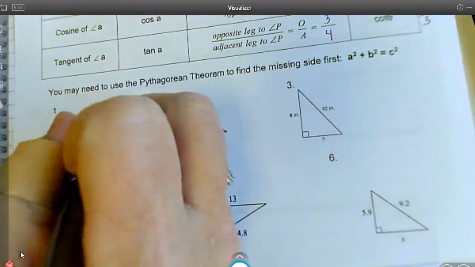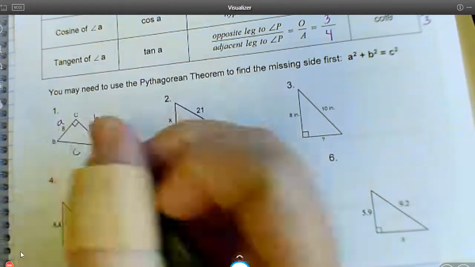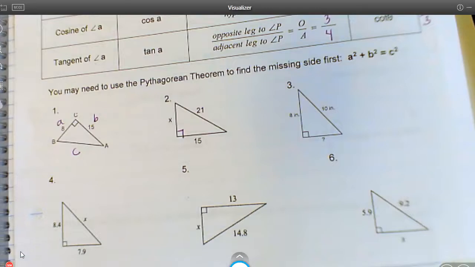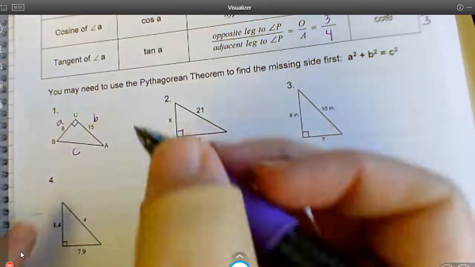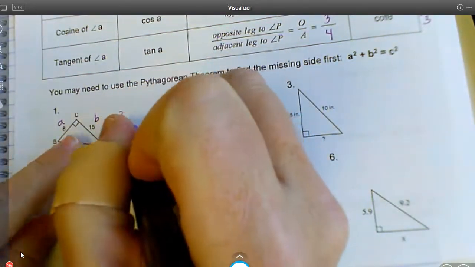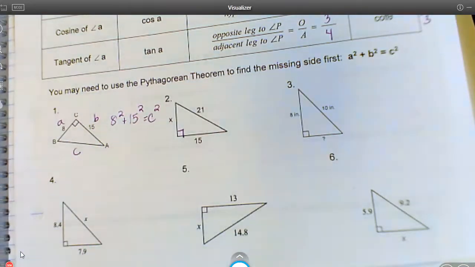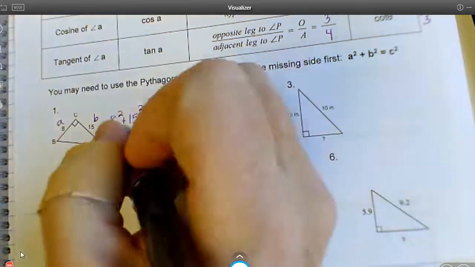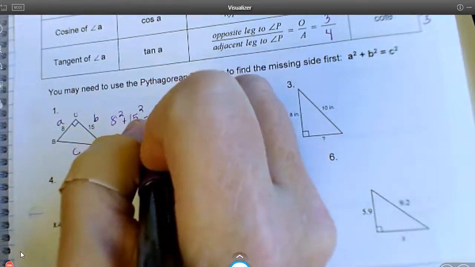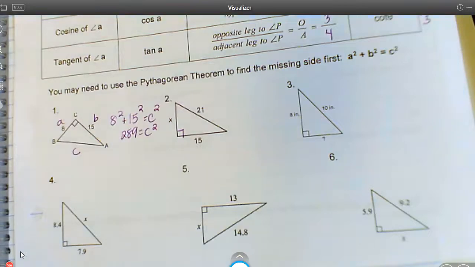So it doesn't matter which one you let the legs be as long as you have C correctly. Okay? So in this problem you would say, okay, that's 8 squared plus 15 squared equals C squared. And so to solve that, I'm just going to put 8 squared plus 15 squared in the calculator. And then I'm going to take the square root of that.